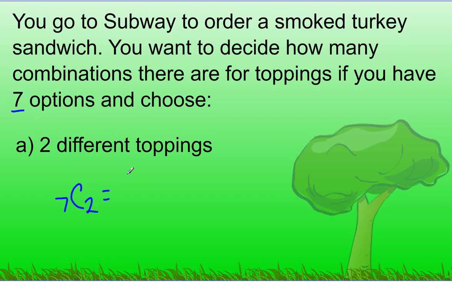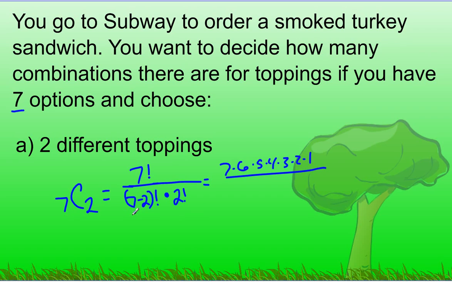Now, I'll do the formula way, why not? So it's 7 factorial over 7 minus 2 factorial. That's the permutation. What makes it a combination is another 2 factorial down below. So that would be 7 times 6 times 5 times 4 times 3 times 2 times 1 over 5 factorial, 5, 4, 3, 2, 1, and another 2 factorial, 2, 1.